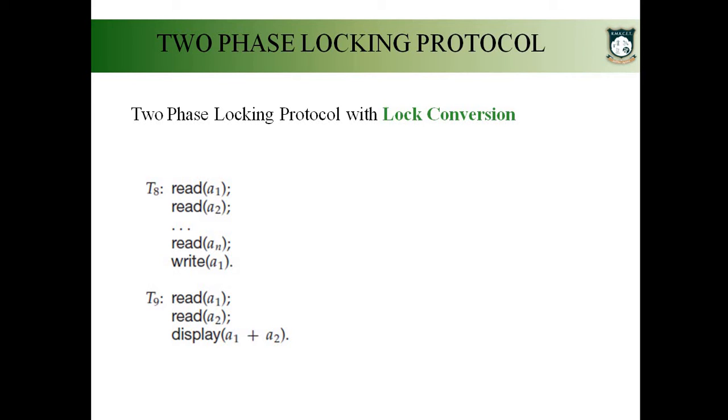In the first few instructions you are reading the value of A, and only at the end of the transaction you are doing some updation in A. I will repeat the point once again.